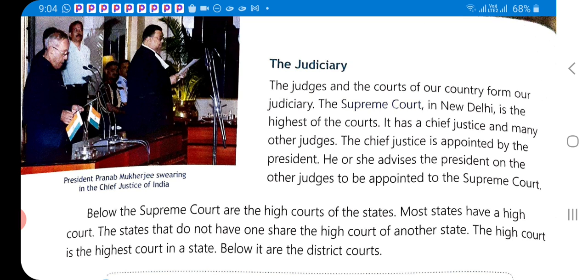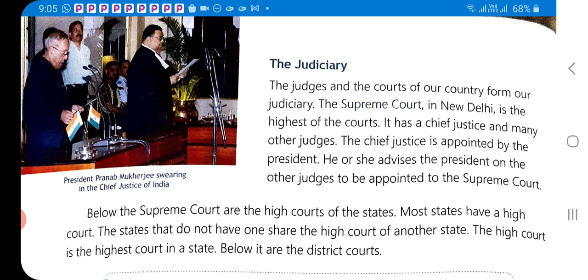It has a Chief Justice and many other judges. The Chief Justice is appointed by the President. He or she advises the President on the other judges to be appointed to the Supreme Court. Means first the President appoints the Chief Justice, and then on the advice of the Chief Justice, the President appoints other judges of the Supreme Court.